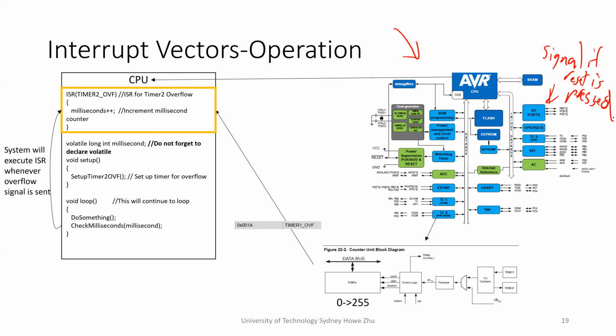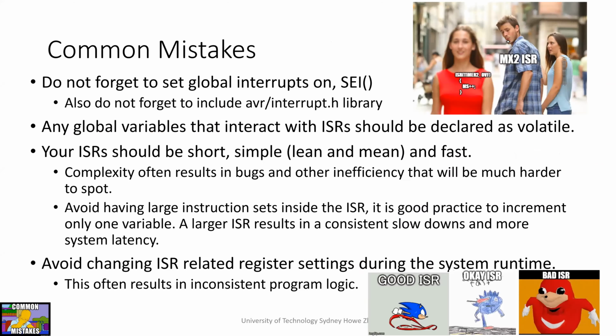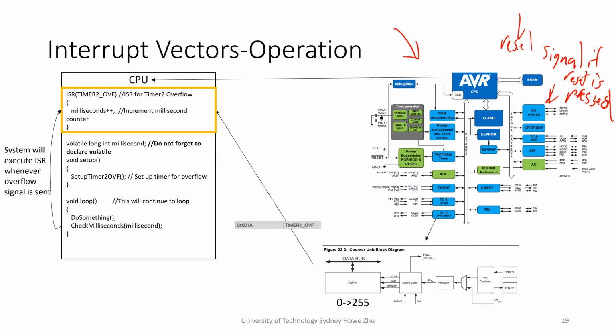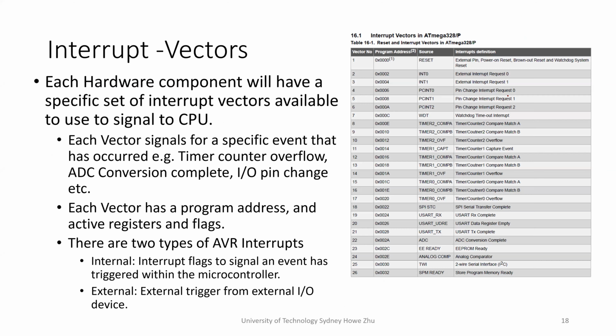So you can tell this I/O port to always signal me if the reset is pressed. So if, for example, the person pushes down on the reset button, this will always send a reset command straight up to the AVR CPU.